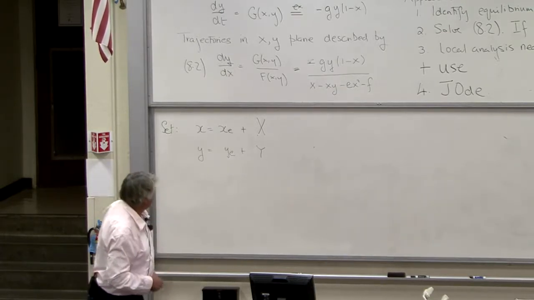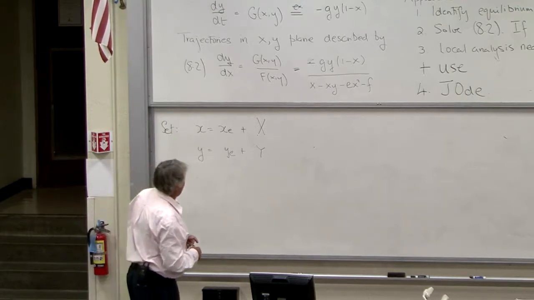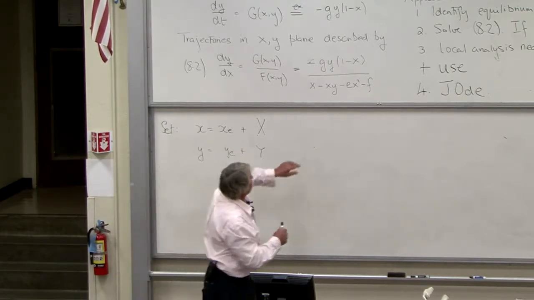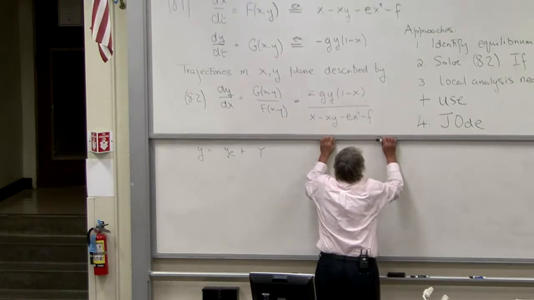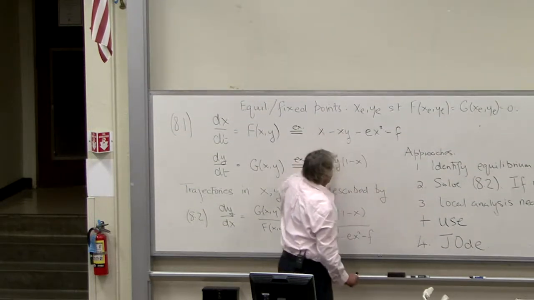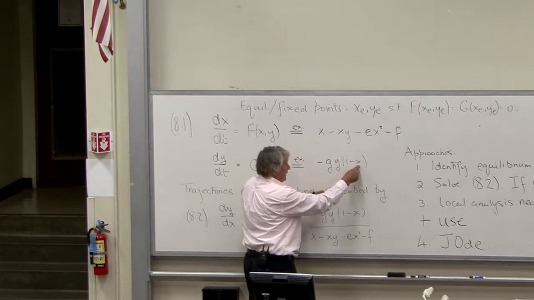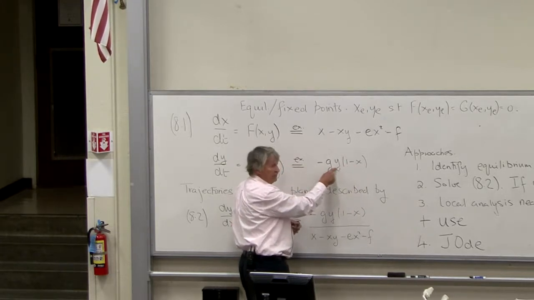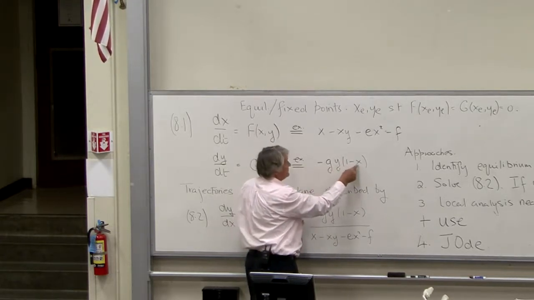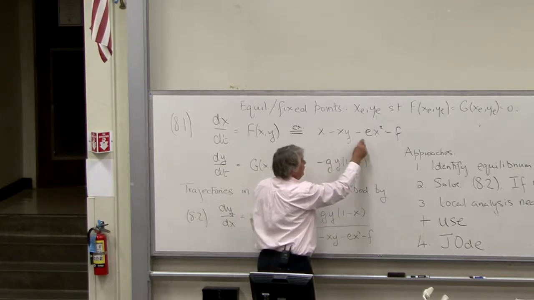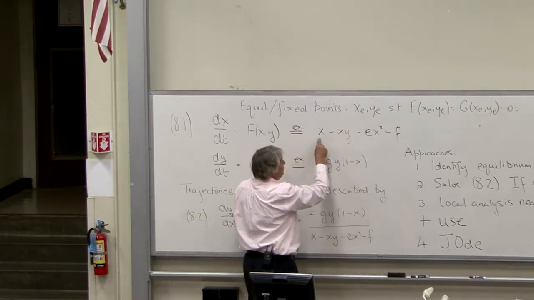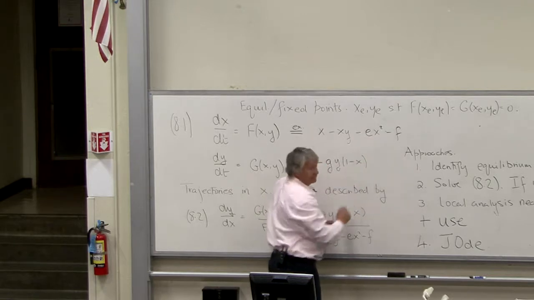And now the first thing we're going to have to find out is the fixed points. In our example here, what are the fixed points? Well, in order for this to be 0, x can be 1 or y can be 0. If x is 1, putting x equal 1 here, y is 1 minus e minus f.